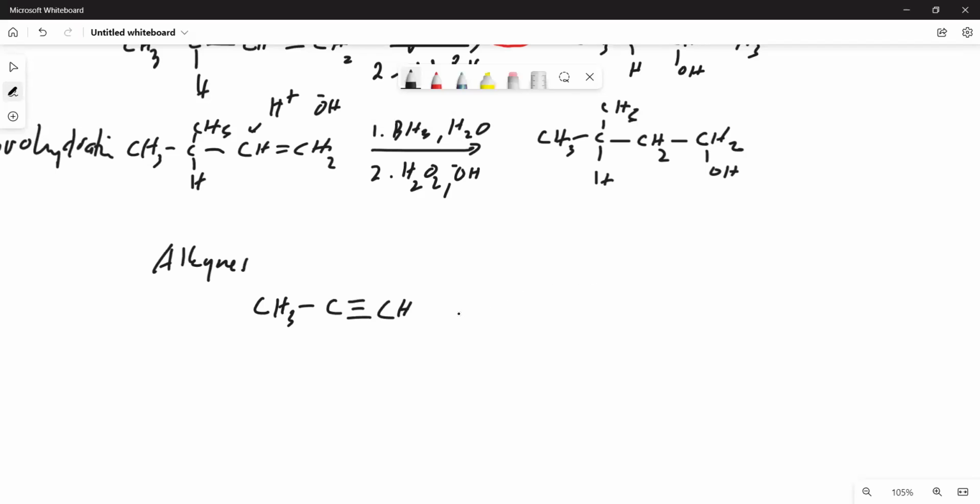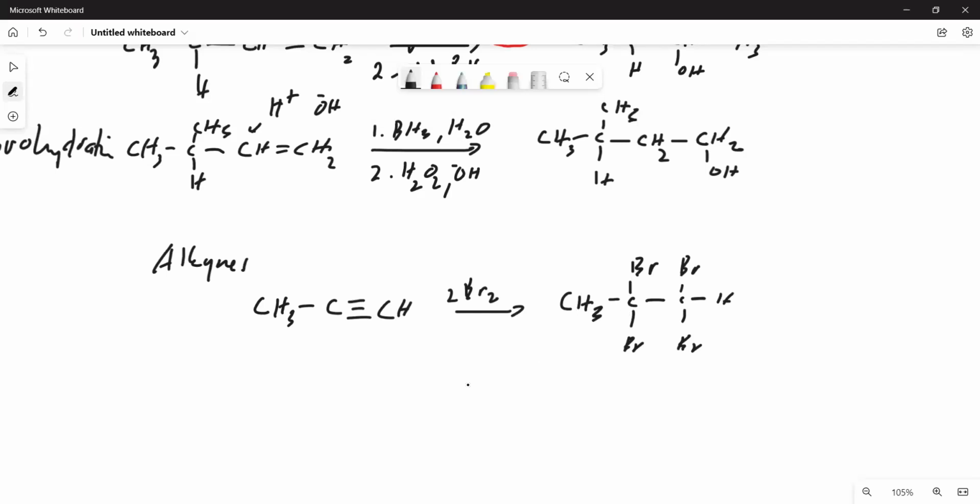Like for example, if you subject this to bromination reaction, then you need 2 moles of bromine to really remove all the pi bonds. So you have bromine here, bromine, and then you have another bromine and another bromine there, okay?